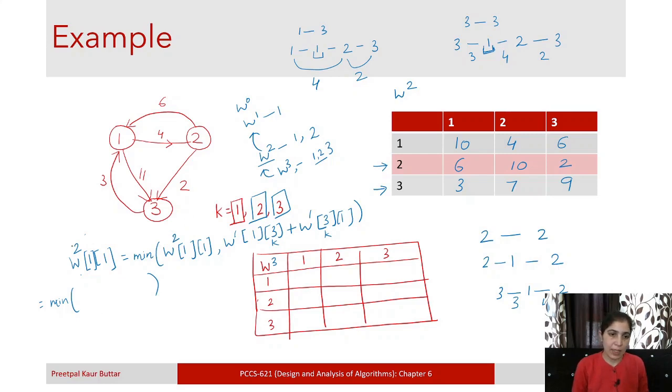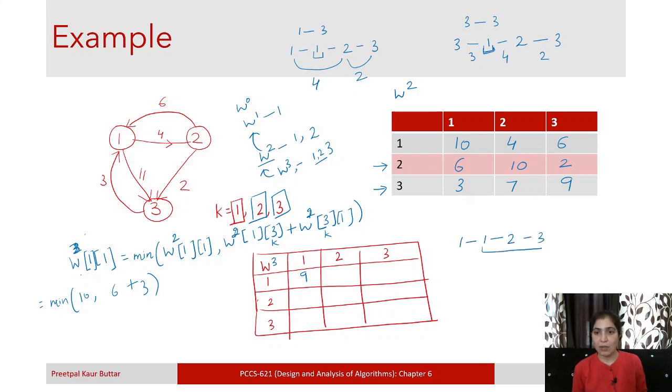Yeah, we are finding W3, so we will look at W2. Okay. So W211 is 10, W213 is 6, and 31 is 3. So we are getting a better path from 1 to 1 by considering vertex 3 also. So what is the path? 1 to 1. 1 to 1 to 2 to 3.